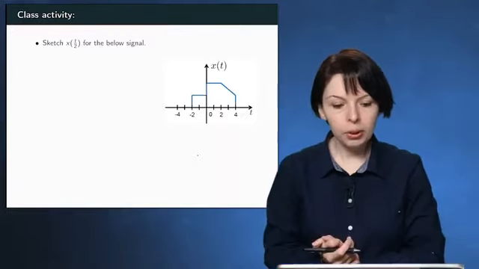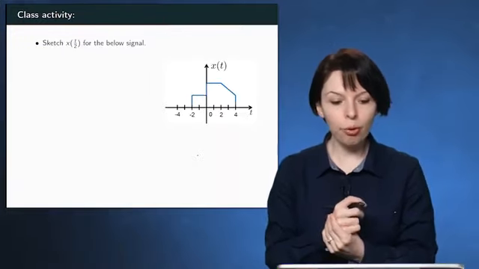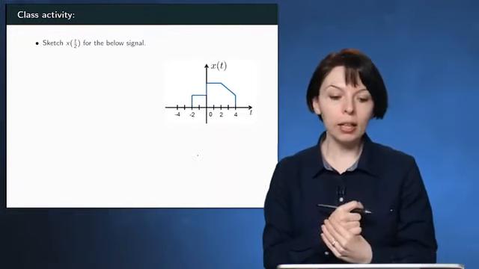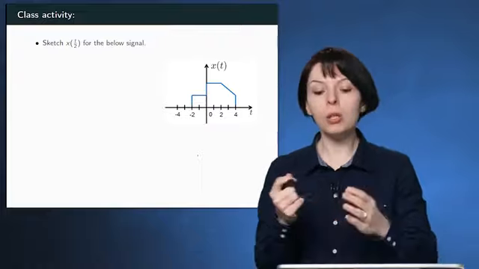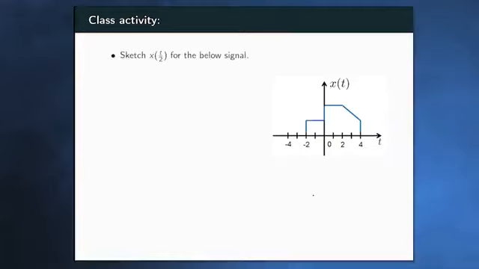All right. Here's an example for finding x of t over 2 using the graph of x of t. Okay, so I'm going to name the signal something like g of t again, equal to x of t over 2. Okay, it's going to be the expanded version of x of t.